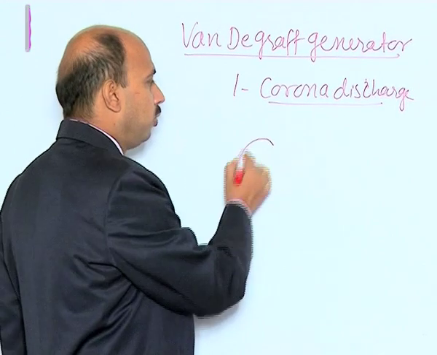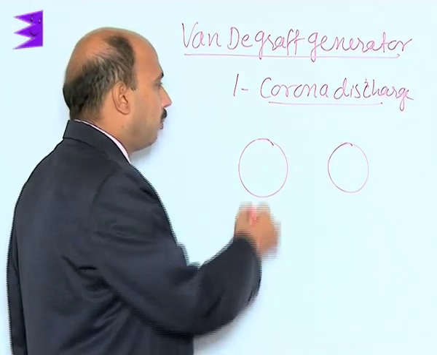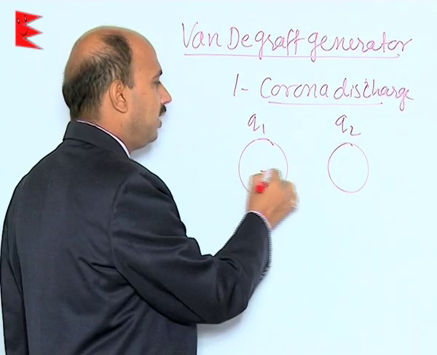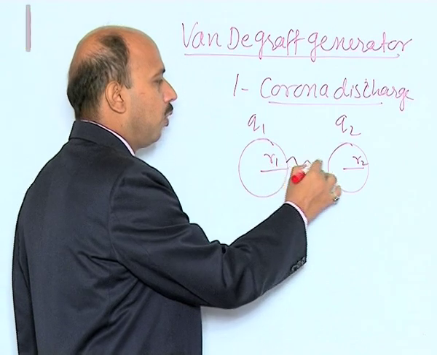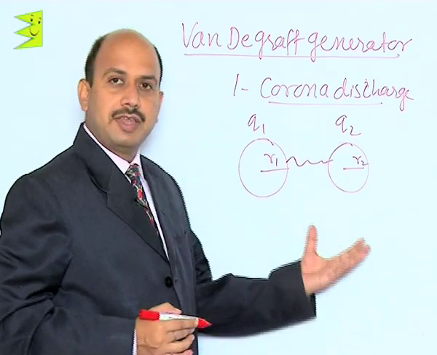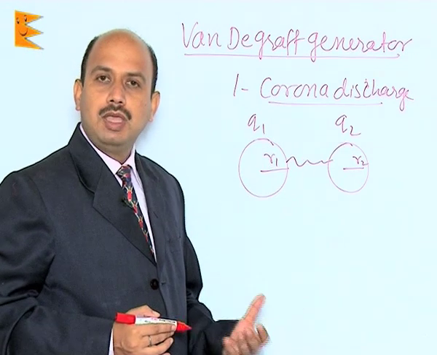See here, suppose you have taken two bodies like this. Both are given the charges q1 and q2, having different radii r1 and r2, and these two bodies are connected by a conducting wire. Sharing of the charges takes place until the potential of both the bodies becomes equal.